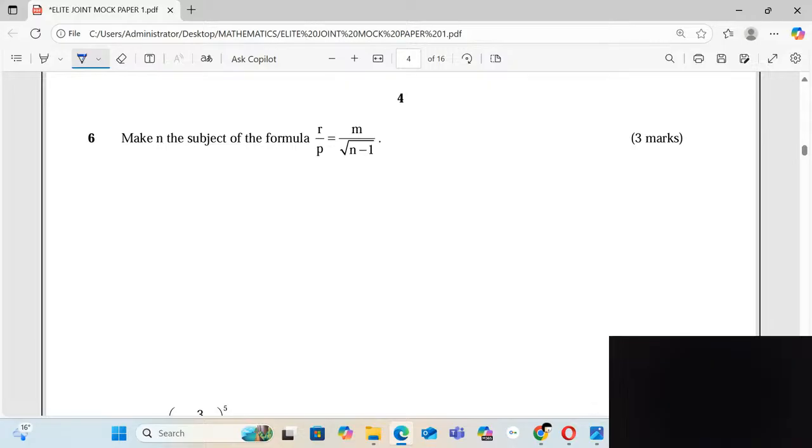For us to remove this square root sign, we need to square everything.